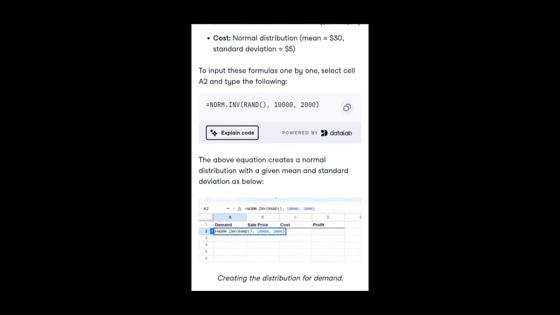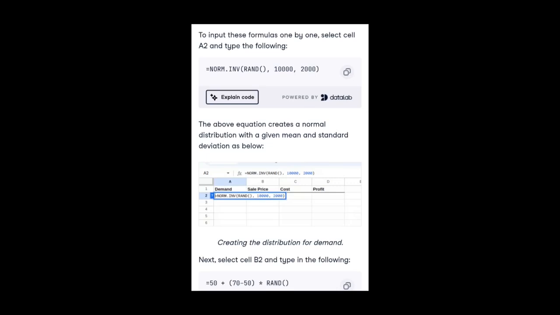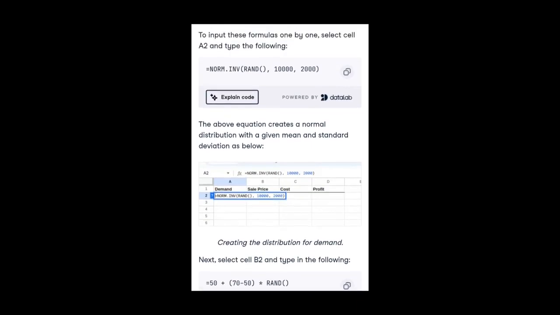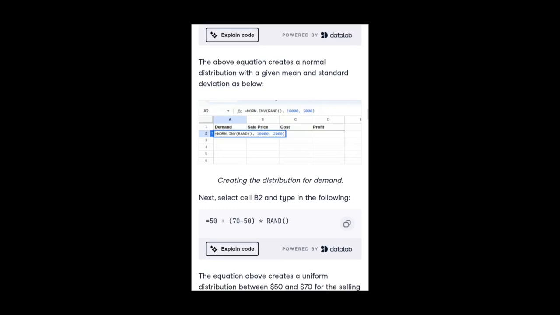NORM.INV of RAND, 10,000, comma, 2,000. Like this we have to give the formula in Excel for normal distribution. In the next step it will calculate like this. The above equation creates a normal distribution.